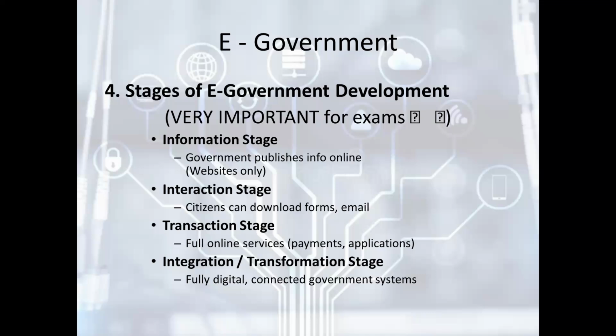You can read how to apply for a birth certificate. Details can be read, but nothing more can be done. The next stage is the interaction stage. Citizens can download forms and email. If you observe, current government websites are in this interaction stage.